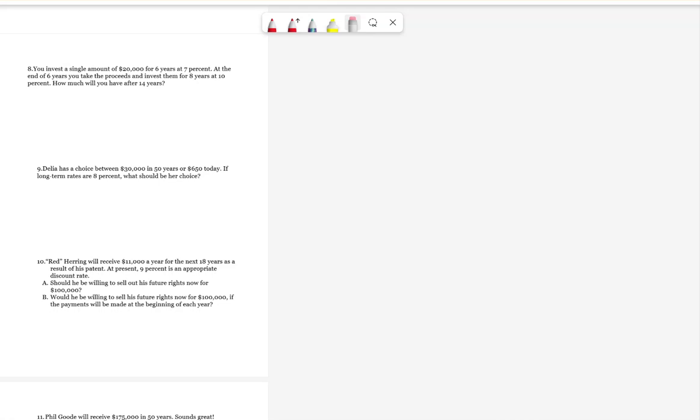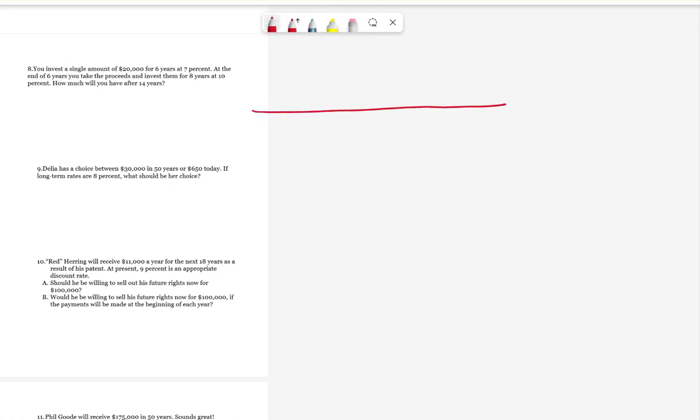So what the question is asking you to do is invest an amount, and then take that amount and invest it further. So you need to know how to do a timeline. Let's do the timeline for question 8 and see what's happening. I like to do a timeline because I like to visually see it.